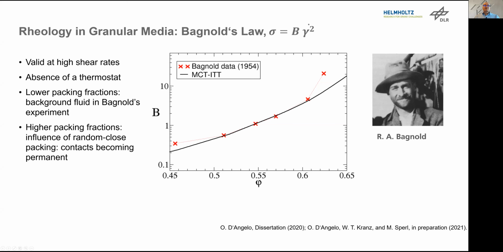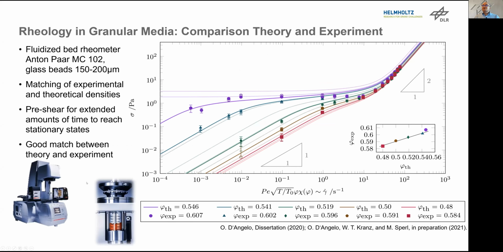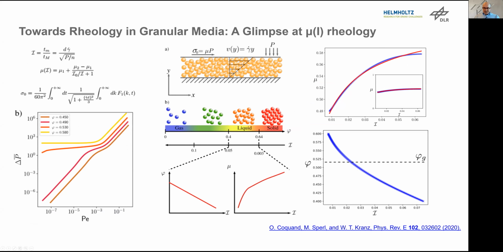And if I take a fancy novel rheometer, I can confirm with the shear rate that the stress is quite nicely on top of the data. So the data are the individual dots, and the theory is the colored flow curves here. And this works very nicely. So we're optimistic that we're also able to do more refined problems.